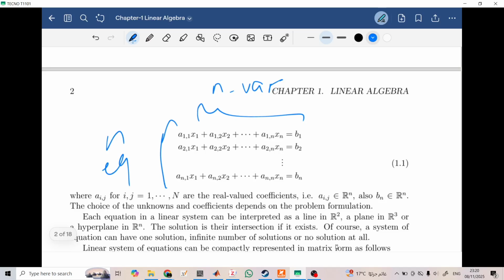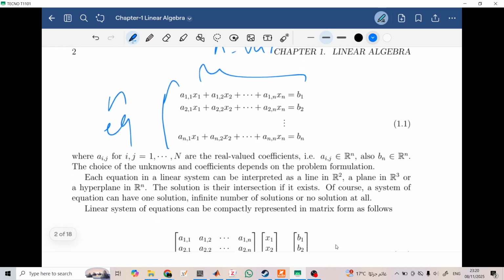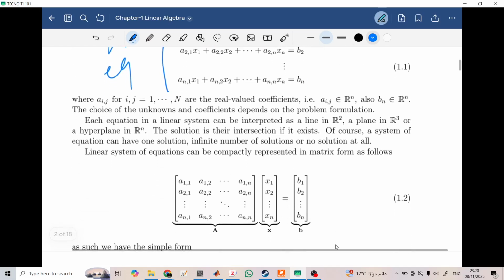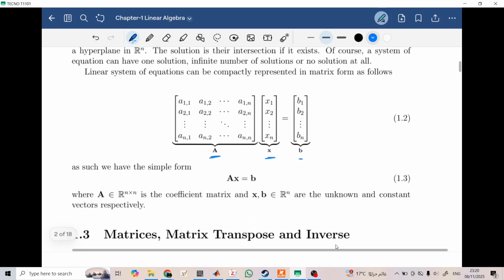The way that we solve this system is by putting the coefficients in a matrix A, the unknowns in a vector X, and the constants in a vector B. Now we have this compact form: A times X equals B. Let's take a simple example here.